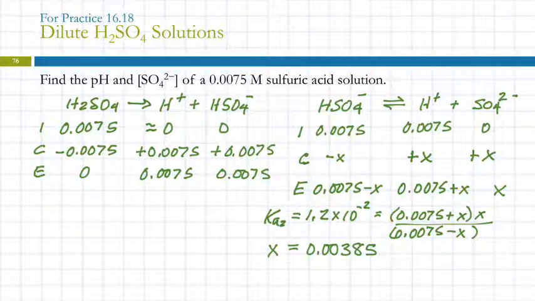So I'm supposed to find the pH. For that I need the hydrogen ion concentration at equilibrium and the sulfate ion concentration.